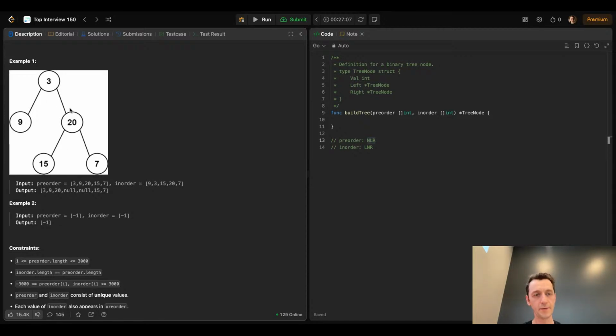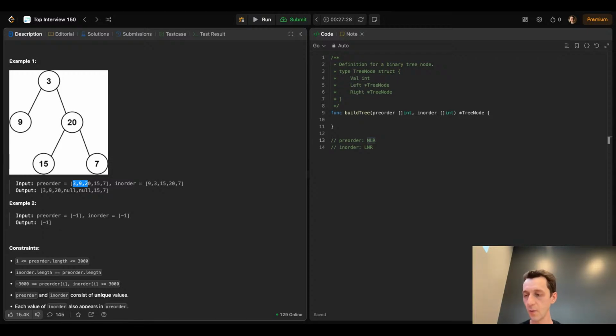That's what it would print. X9, XYZ, ABC. Oh, wait, no. It would be like node, left, and then right.